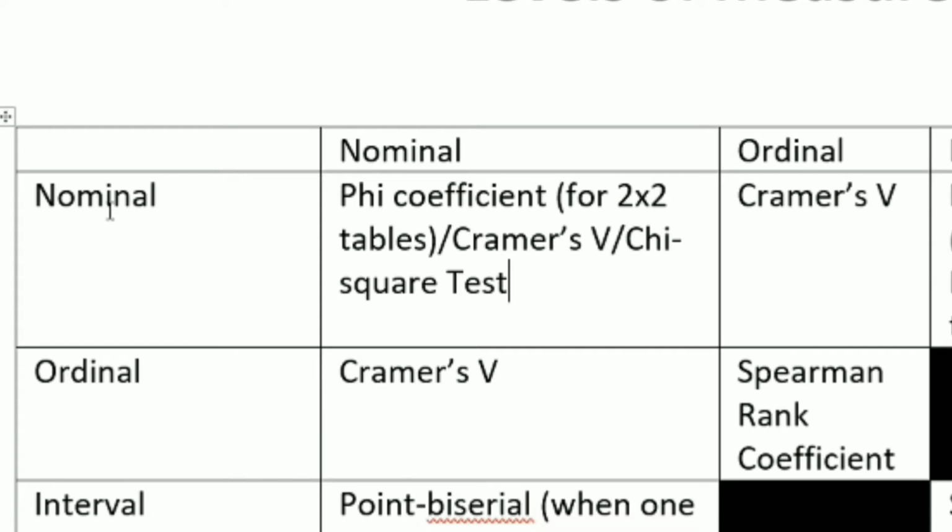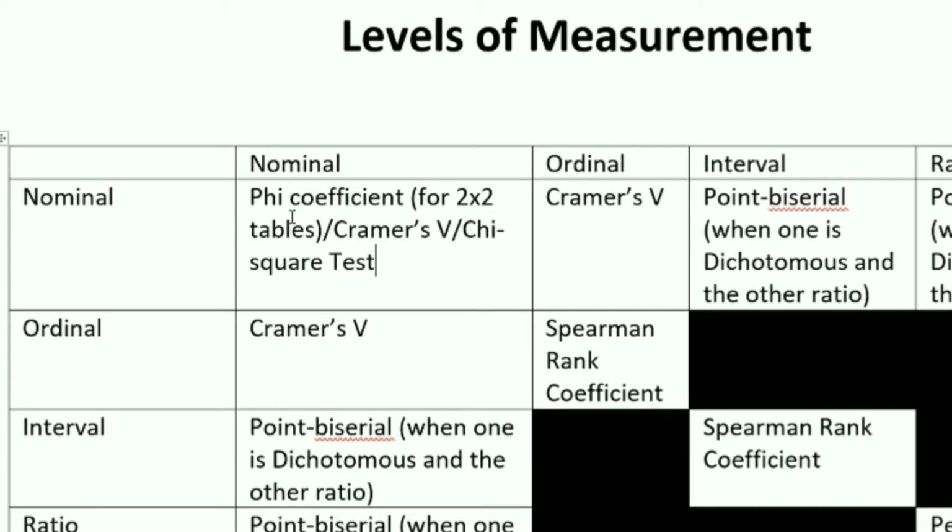If your data is a nominal variable and your other data is an ordinal variable, we can use the so-called Cramer's V test. Then for nominal and interval, we can use the so-called point biserial.